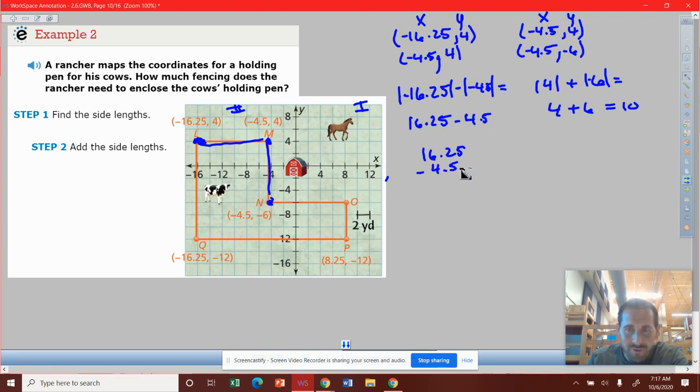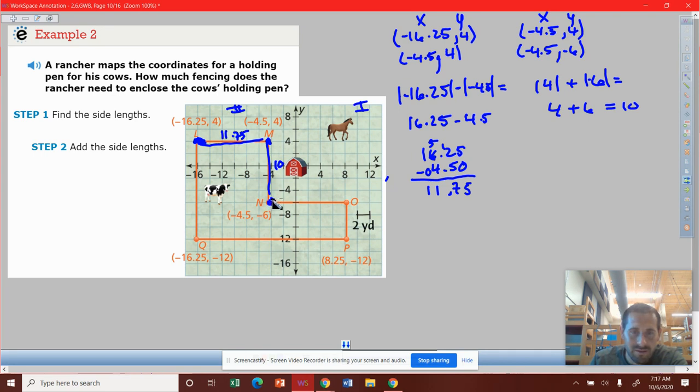I'm going to annex or add a 0. 5 subtract 0 is 5. 2 subtract 5, got to borrow. Turn it into 12 subtract 5 and get 7. Bring down that decimal. 5 subtract 4 is 1. 1 subtract 0 is 1. It's 11.75. So I found this distance to be 11.75, and we found this distance to be 10.